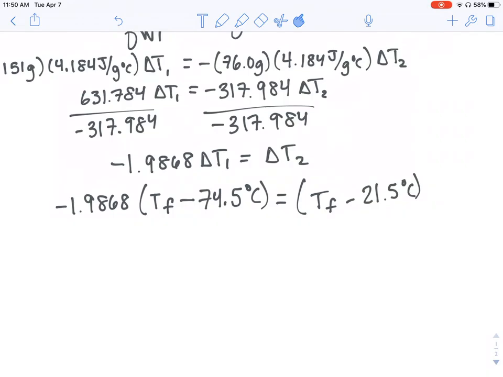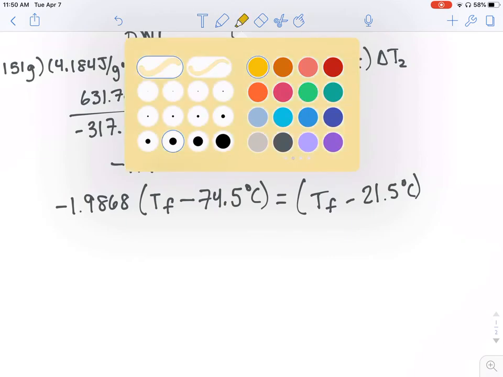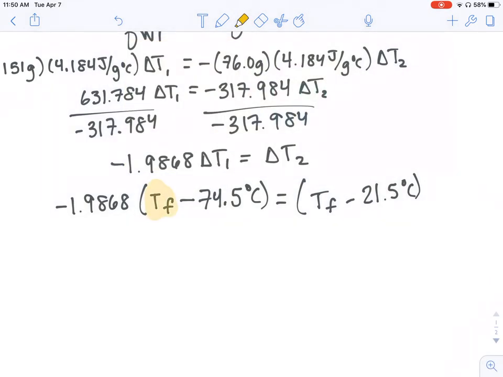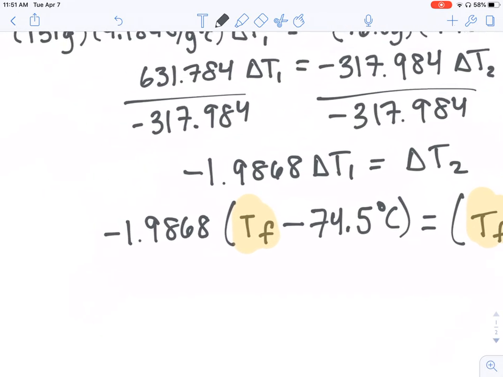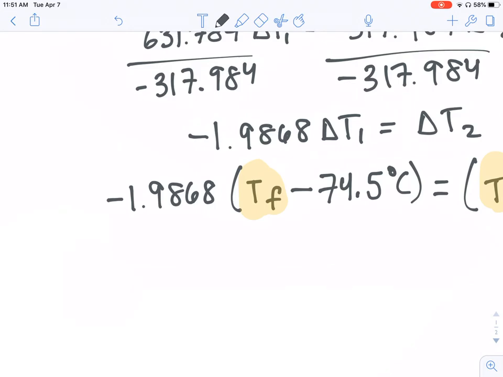So I have TF on two separate sides of the equation. I have TF here, TF here. So this will require me to do some algebra and then combine like terms. So I'm going to distribute the negative 1.9868 to the other pieces within the parentheses.